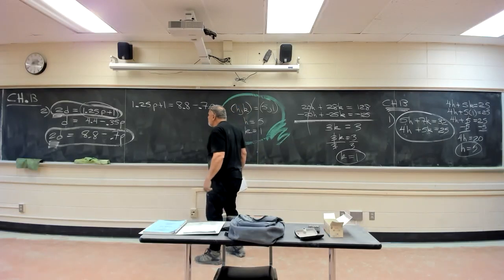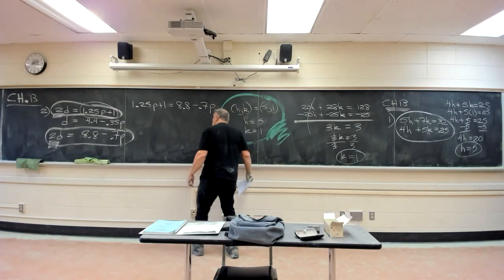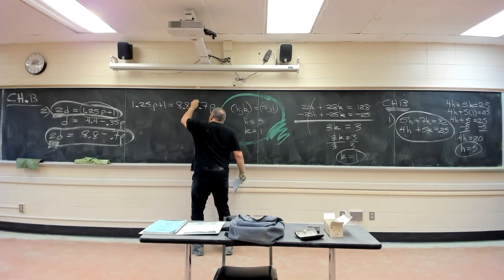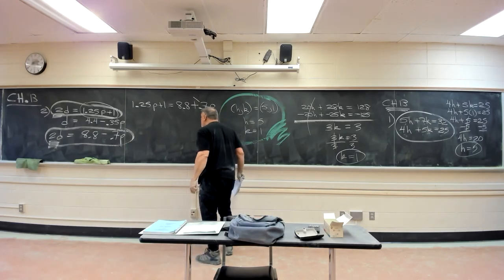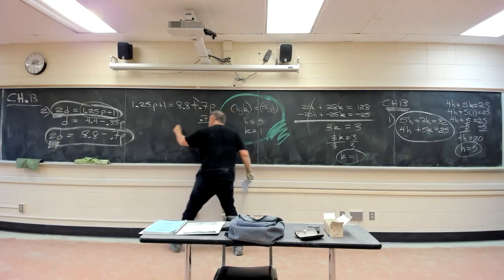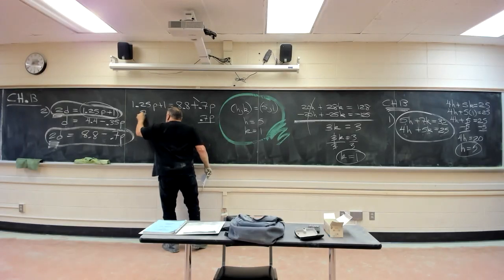There's a lot we can say here, I guess. Minus 0.7p is plus a negative 0.7p. Let me add 0.7p on each side.